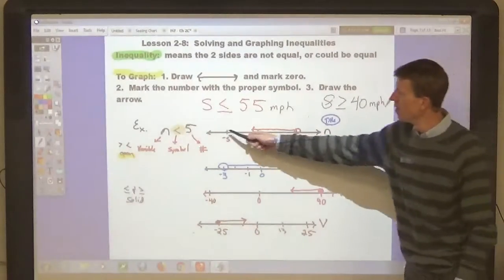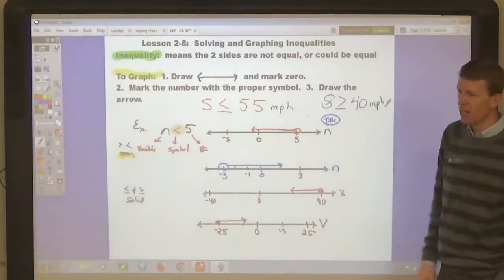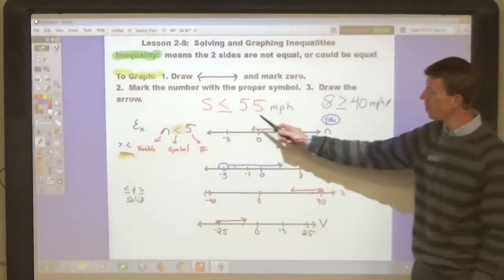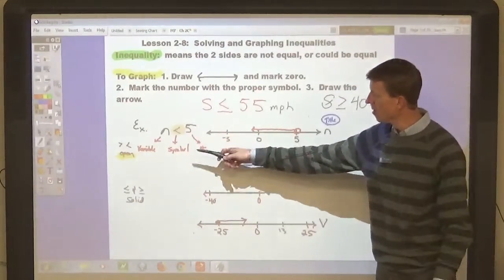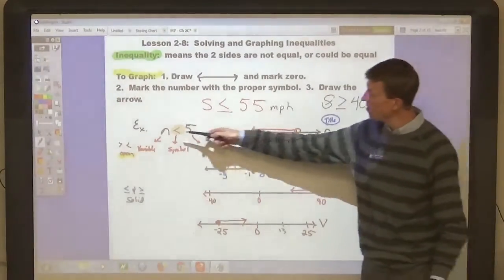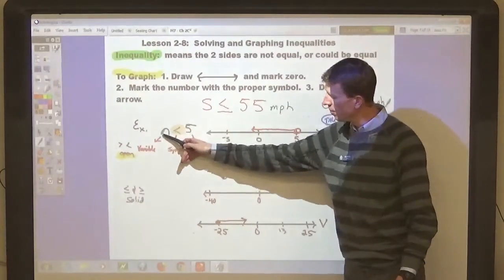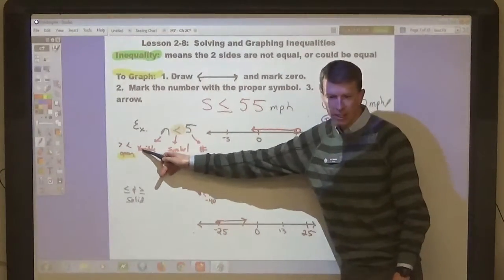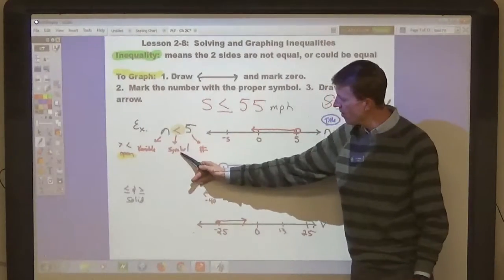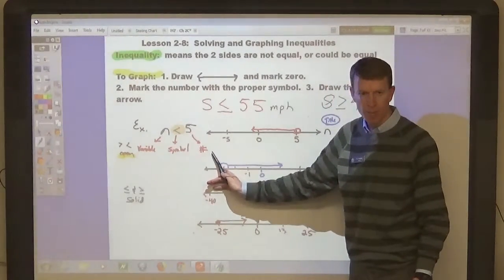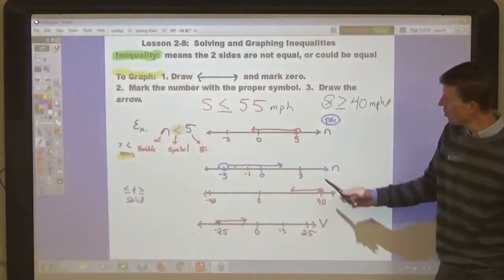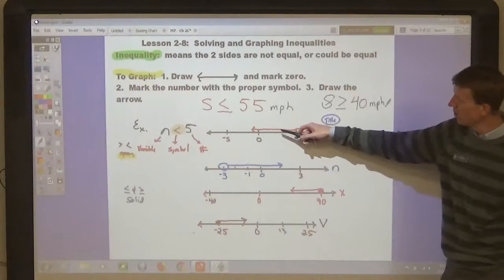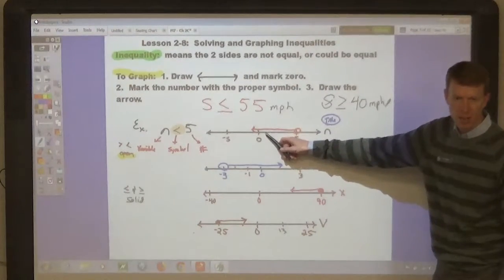Now, these numbers can be graphed on a number line. And here's some basic examples. First of all, when this is written in this order, which has the variable listed first, and then the symbol, and then the number, you can graph it this way. First of all, you need to mark the numbers on the number line.